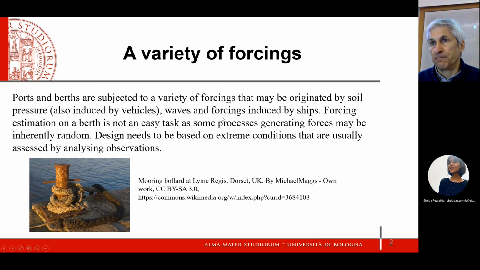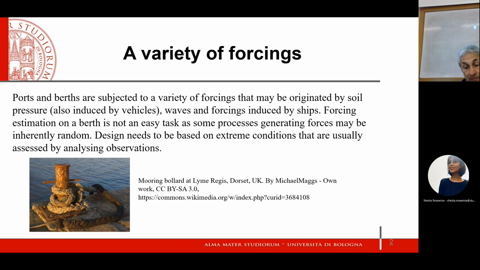Okay, so I already mentioned that we have a variety of forcing, which may be originated by soil pressure, vehicles, waves, etc. And I already mentioned that the presence of randomness is a problem. So what does randomness mean?